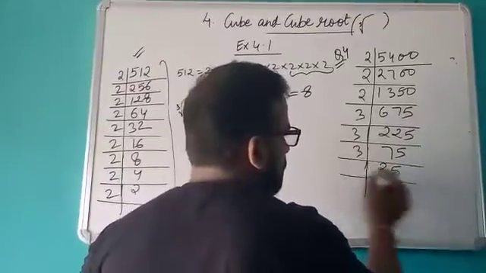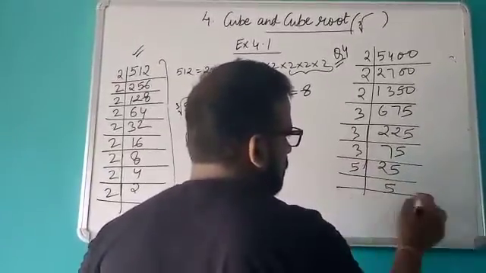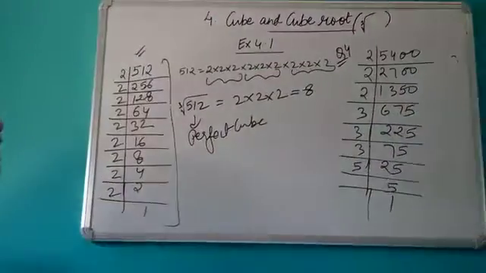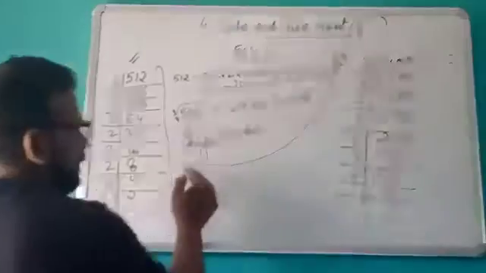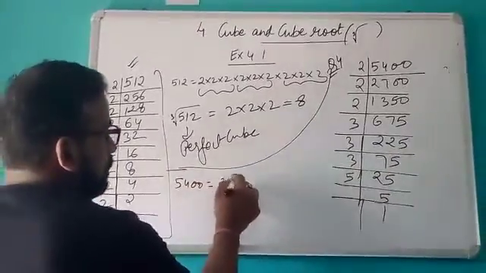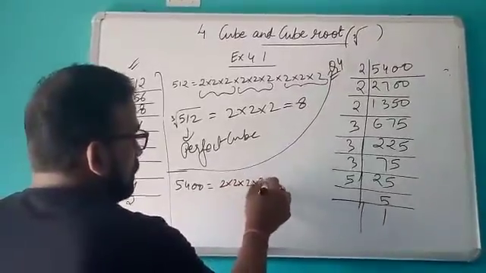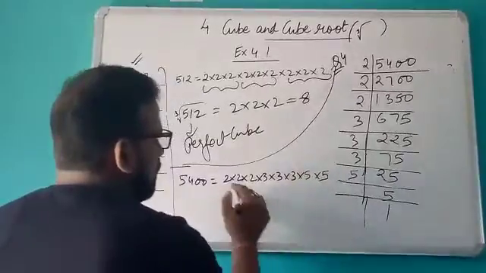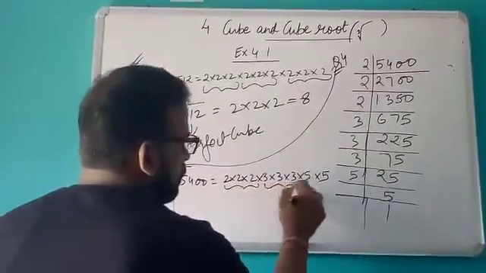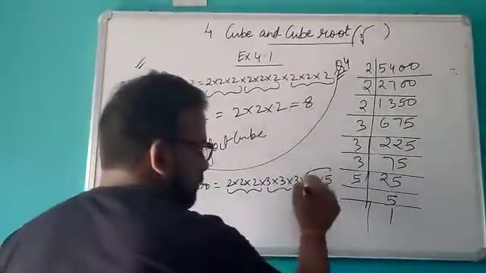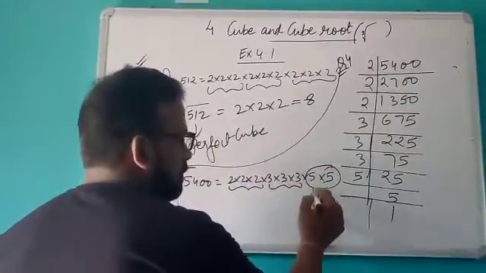So this is the prime factorization of 5400. If you see carefully, 5400 is equal to 2 into 2 into 2, 3 into 3 into 3, into 5 into 5. So one group, two groups. But if you see carefully, this 5 into 5 has no group.